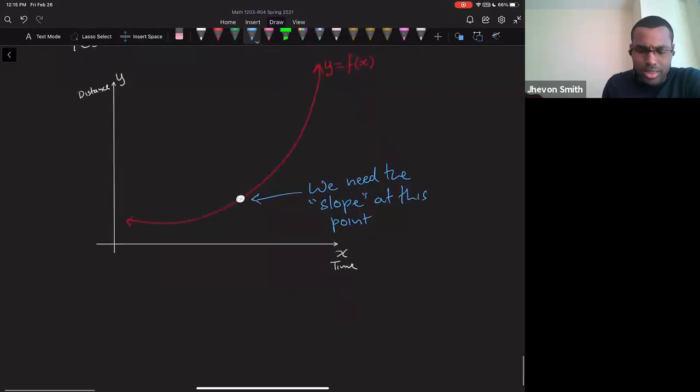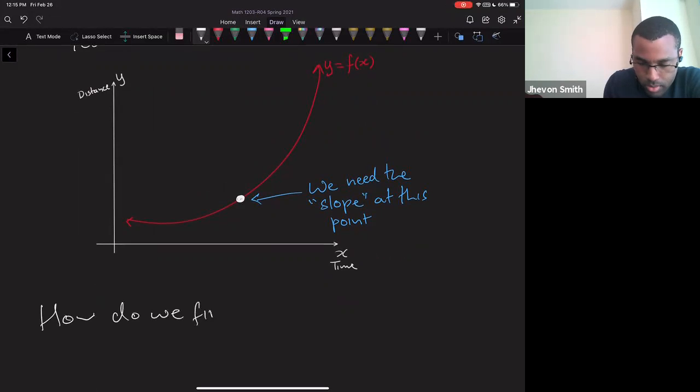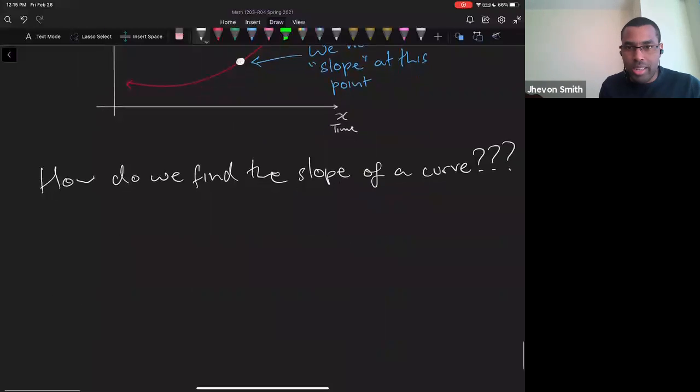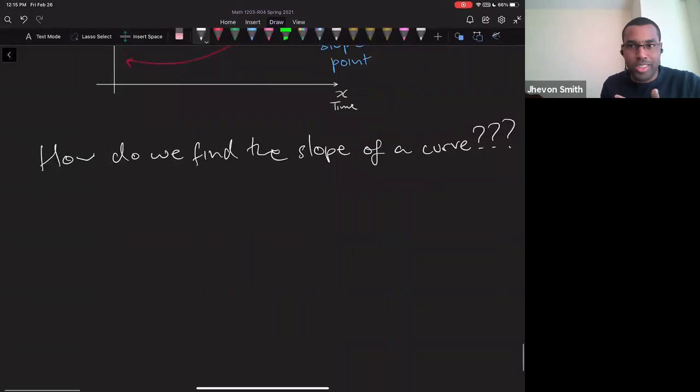So now the question is, how do we find the slope of a curve? We know how to find the slope of a straight line, but this isn't a straight line. This is a curve. How do we find the slope of a curve?